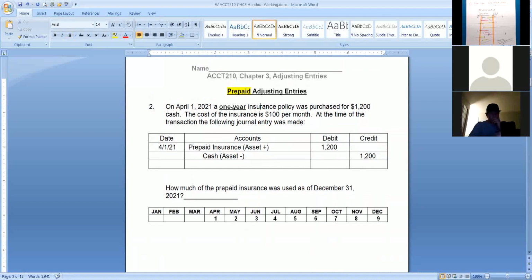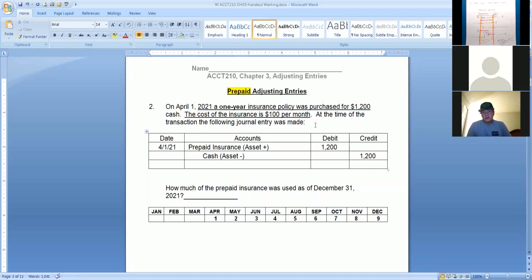Okay, so number 2, we have a prepaid entry. We prepaid for an insurance policy, which, as you know, is usually how you pay for an insurance policy. You pay ahead of time. So we purchased it for $1,200 cash. The cost of the insurance is $100 a month. And you could have figured that out by how?